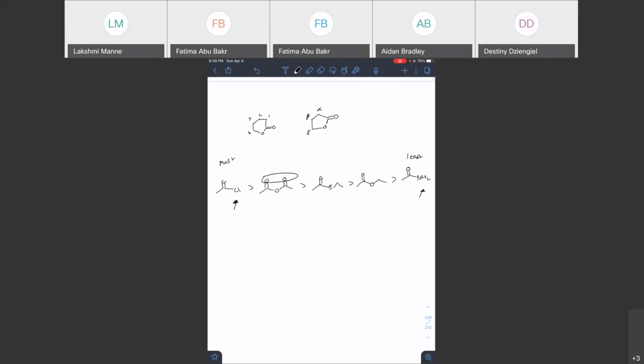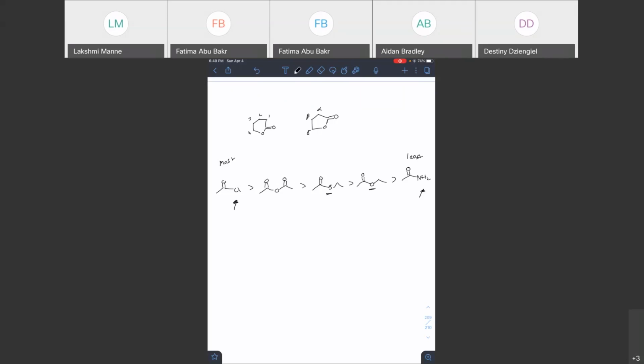So this one has 2 carbonyls. And then this one has an S and this one has an O. Remember, S's are more susceptible because they have a greater bond length. If you remember our acidity idea, between oxygen and sulfur, sulfur prefers to break away from things, the way that it breaks away from hydrogen more easily than oxygen.